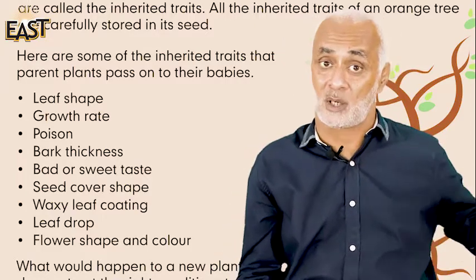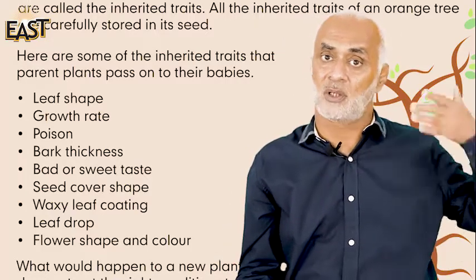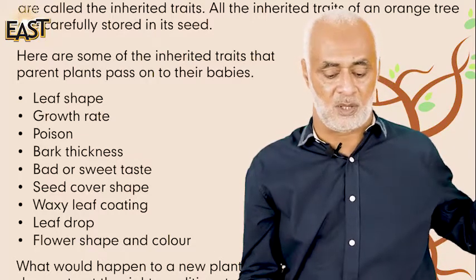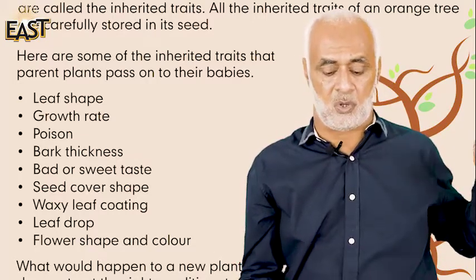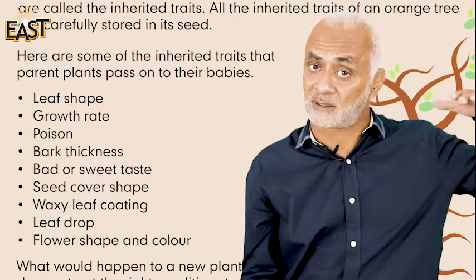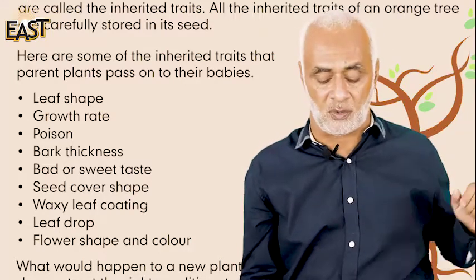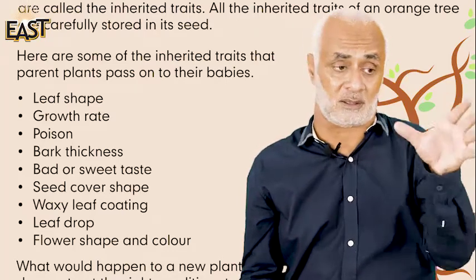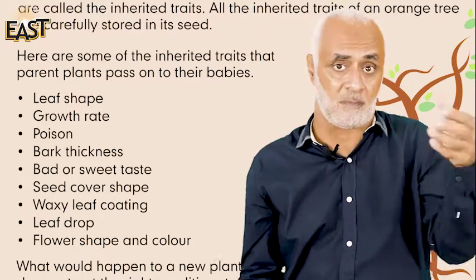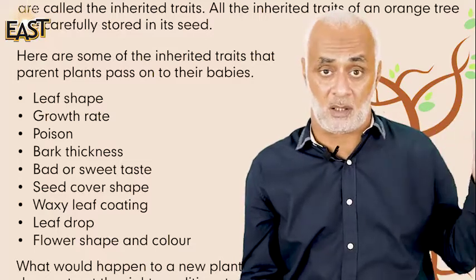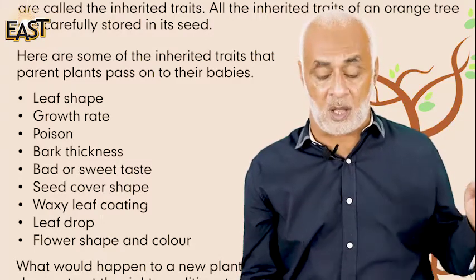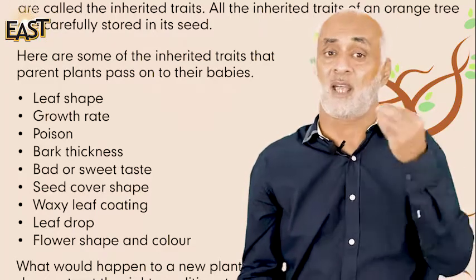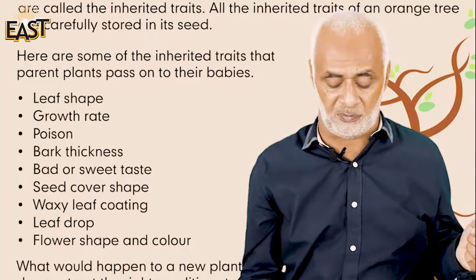So this is what parents transfer to their babies in a seed. Let's see. Leaf shape, growth rate, how fast these plants will grow. Poison or not, bark thickness, their stem cover is called bark, bitter or sweet taste, the taste of their leaves and flowers and fruits.